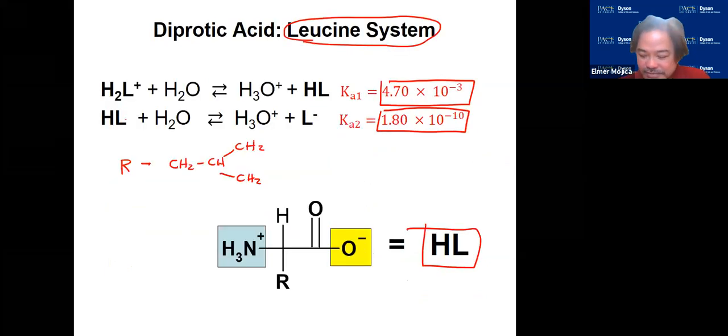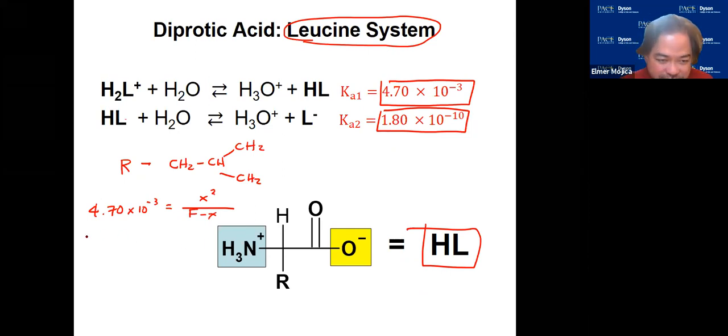So we have that, 4.7 times 10 to the negative 3 equals, what do we have? X squared over F minus X, right? So you have here 4.7 times 10 to the negative 3 equals X squared.